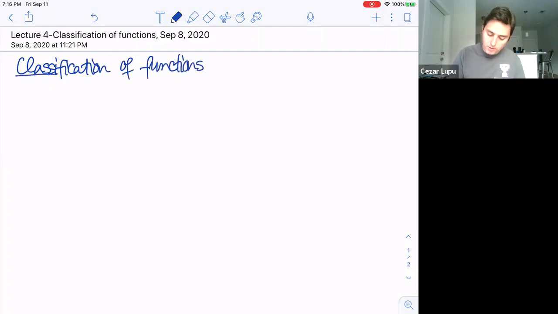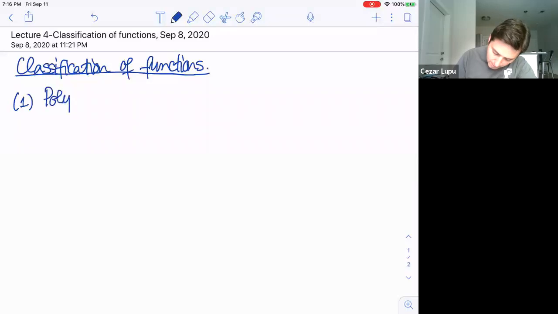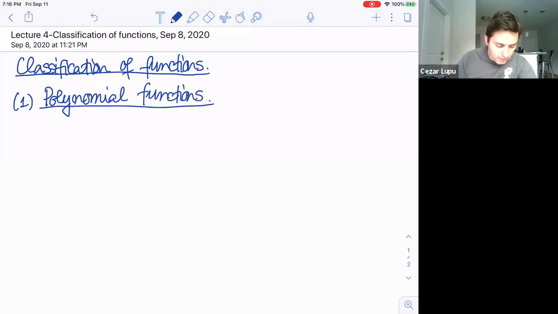And well, we've been talking about functions, and we have seen with what kind of functions we're dealing with, and so on. Well, now let's classify them. And I would like to start off with the first one, with the polynomial functions. Here, when I talk about polynomial functions, I mean the following.